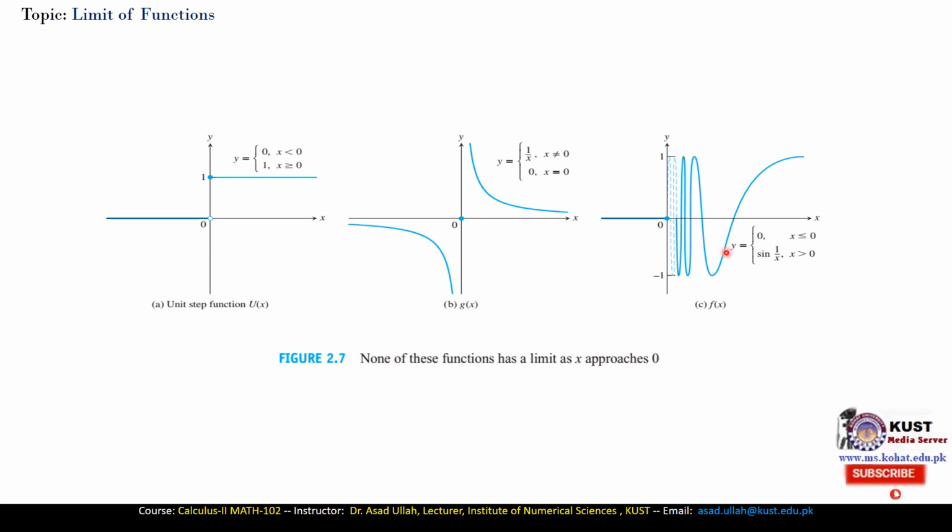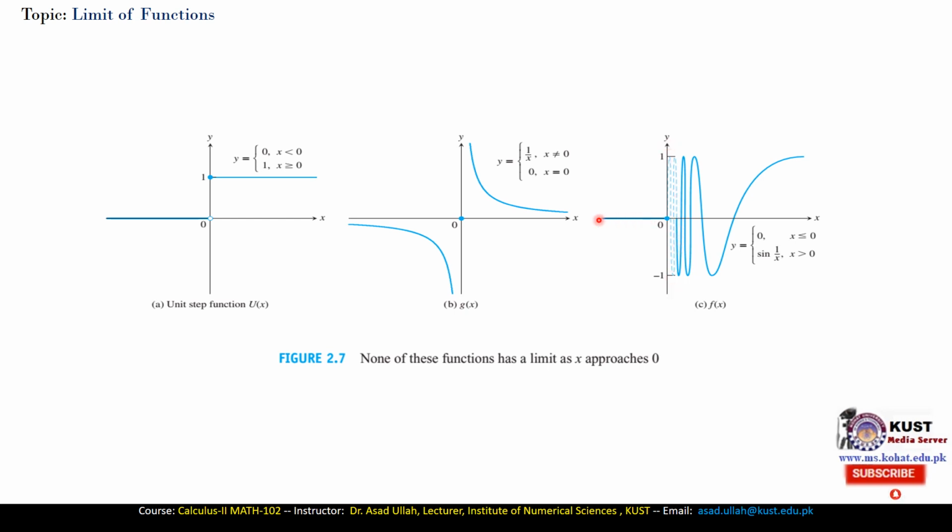In this example, I am approaching the point 0 from the left side, the function value goes towards 0. And if I am approaching the point x is equal to 0 from the right side, the function value is not unique, between 1 and minus 1, because here there is an oscillation between minus 1 and plus 1. So due to this oscillation, the function value is not unique.